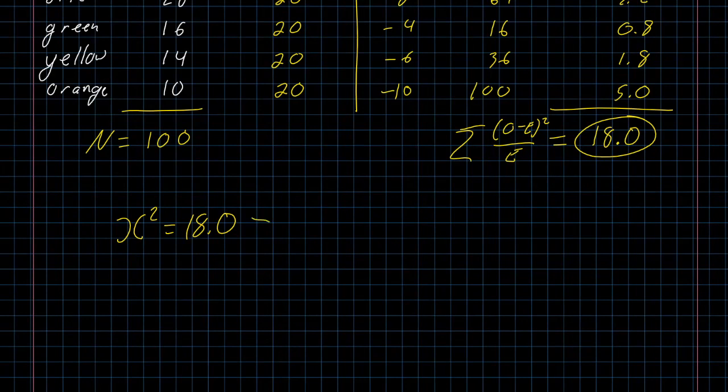It is bigger than our critical value, 9.488. Again, remember that value just came out of our table. And because it is bigger, we want to reject the null hypothesis.